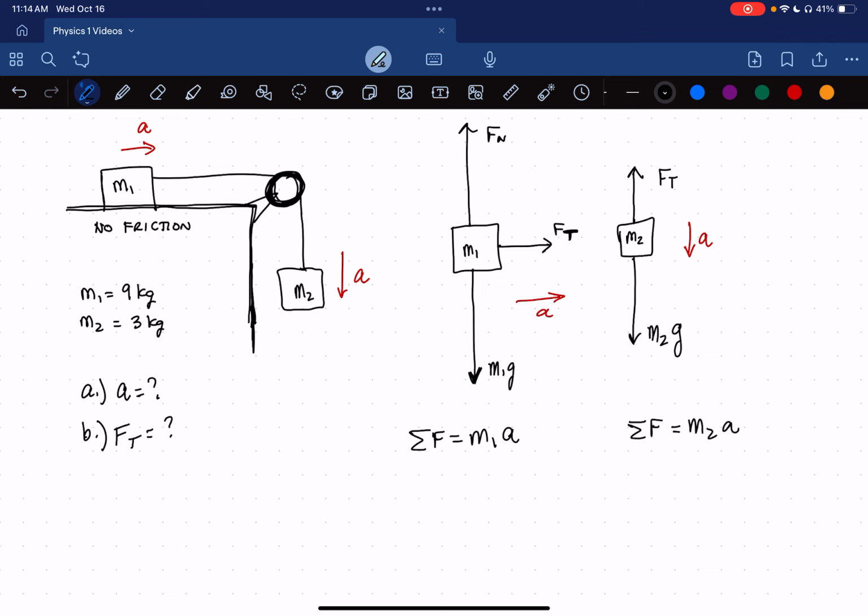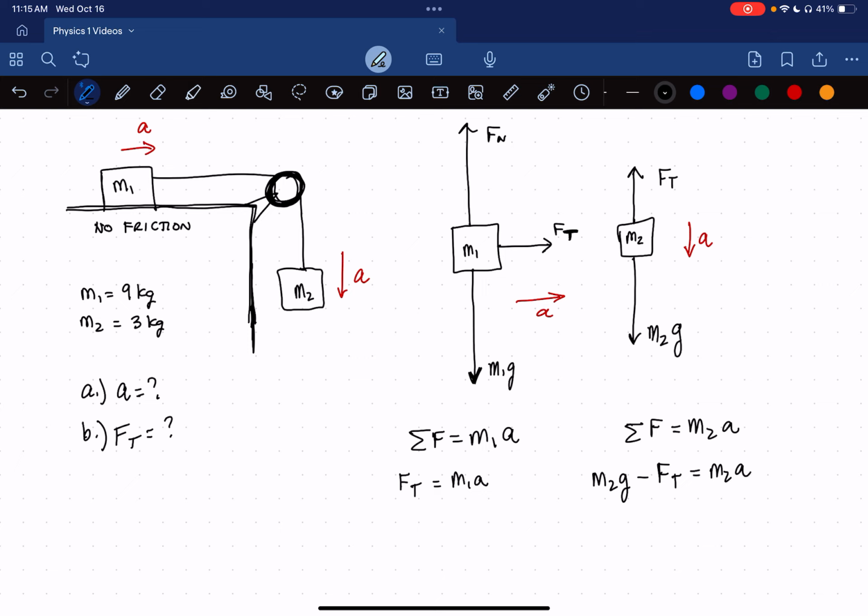Again, we're only concerned with forces that have anything to do with that acceleration. In this case, these are the vertical forces, and in this case, this is just the horizontal force here. So that is Ft equals m1a. Over here, it's m2g and Ft. m2g must go first, because it's accelerating in that direction, and Ft goes here, equals m2a.